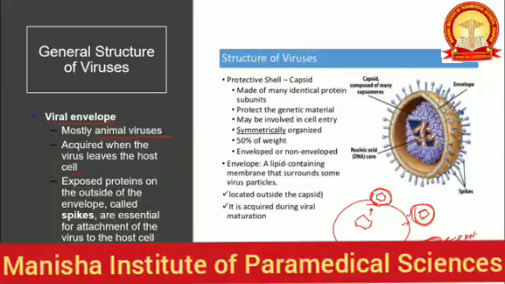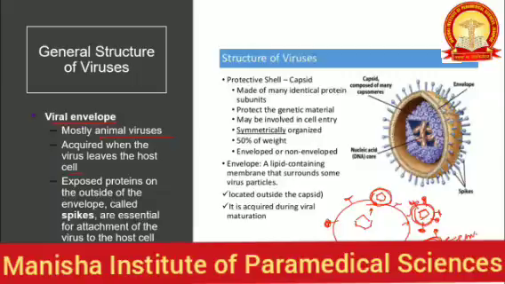And as we know, the host cell surface contains many receptors and other protein molecules, so that's why the envelope of the virus contains many of those cell surface protein structures known as the spikes.